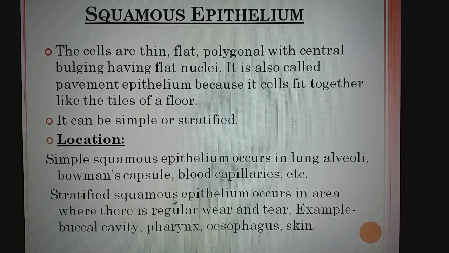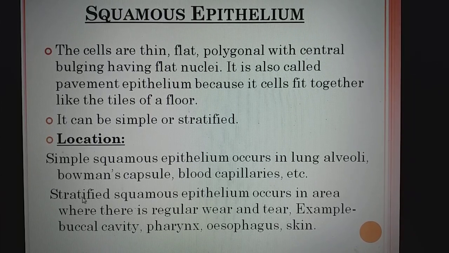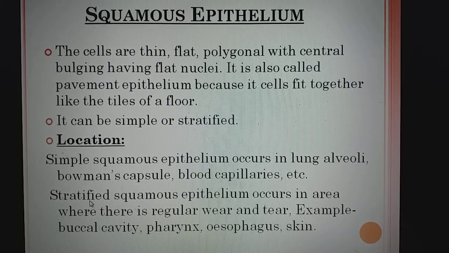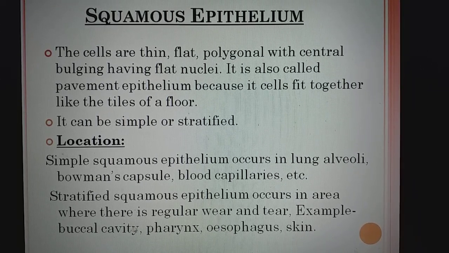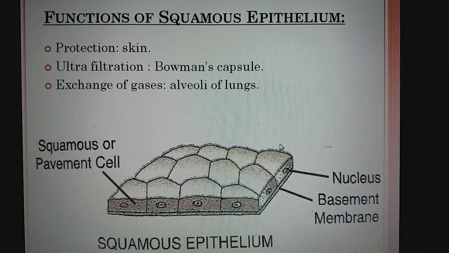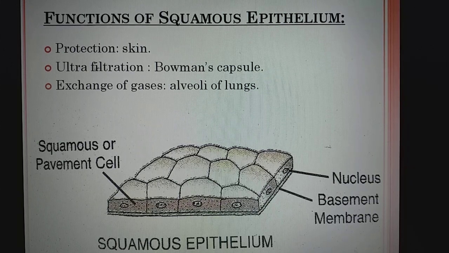Whereas stratified squamous epithelium, stratified meaning having more than one layer, occurs in areas where there is regular wear and tear. Example, buccal cavity, pharynx, esophagus, skin. Now, functions of squamous epithelium. First is protection.